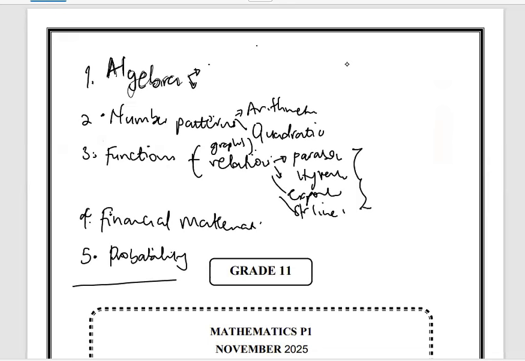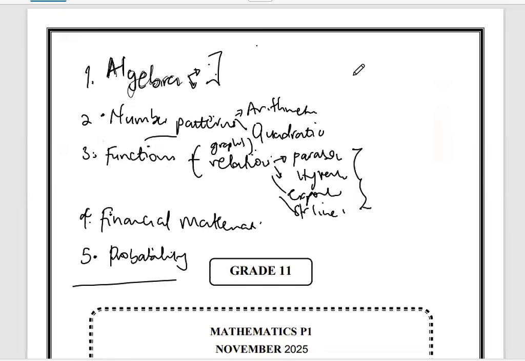Okay, so probability is usually the last question of paper 1. Now, the mark allocation drastically differs. If you look at how much the algebra counts for, how much the number patterns and functions and so on and so forth, the marks are just distributed amongst all the topics.